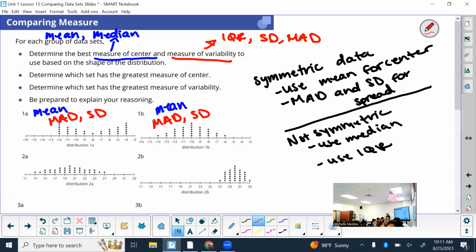Otherwise, we're all assuming we're on the same page. Okay, why are the mean, MAD, and standard deviation better, class? Symmetric. Even if it was just roughly symmetric, we would still go with the mean, MAD, and standard deviation. So there we go. Between these two, which one would have a higher mean?